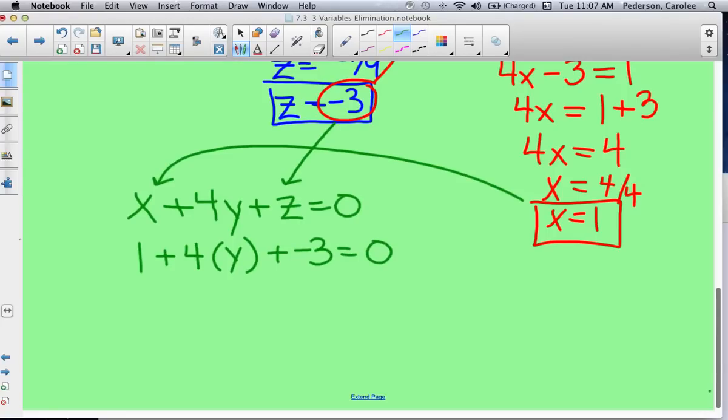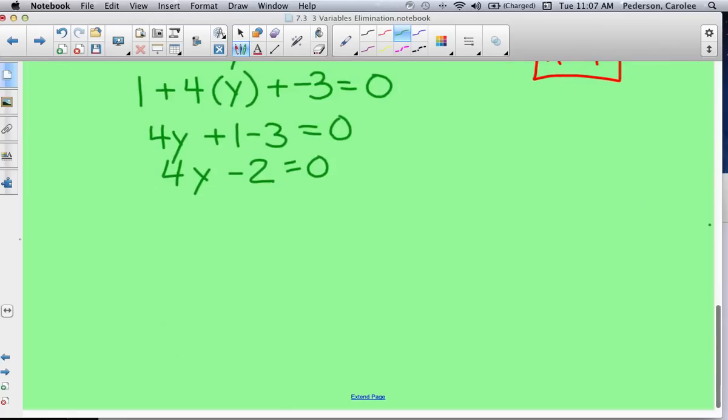And we have this variable y to solve for. So 4y, 1 minus 3. 1 minus 3 is negative 2. And then add 2 to both sides, and then divide both sides by 4.